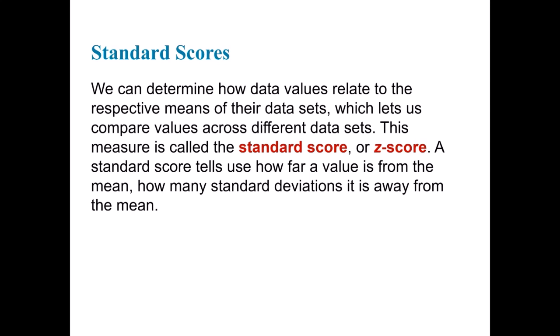Why? I don't know. But basically we want to be able to put everything onto the same scale. And that's what the z-score, or the standard score, does for us. It lets us put everything onto the exact same scale. But realistically, what the z-score is, it's just the number of standard deviations a data value is away from the mean.